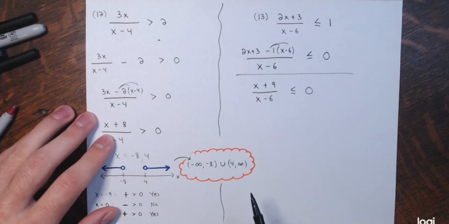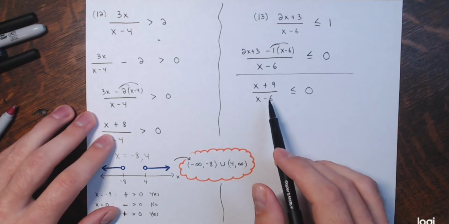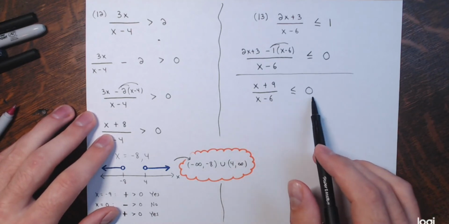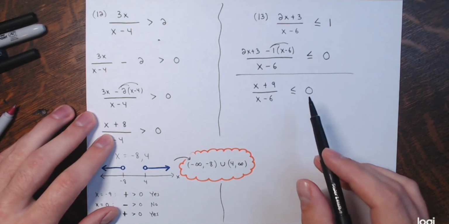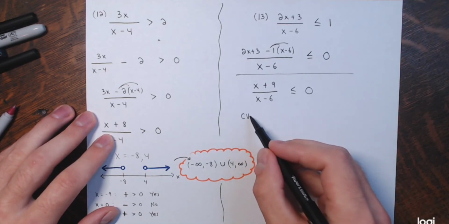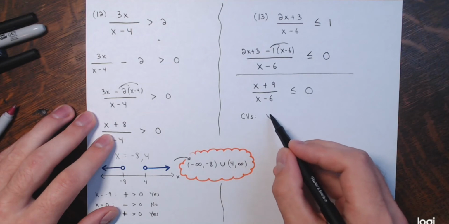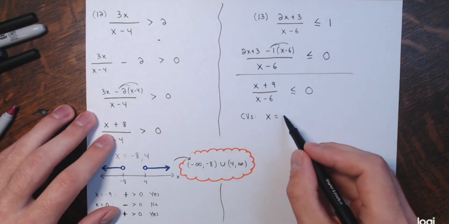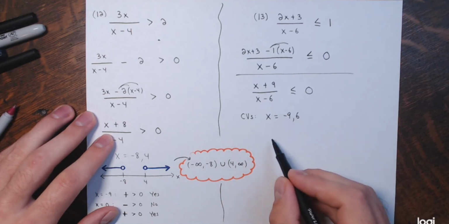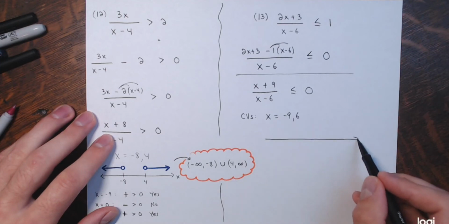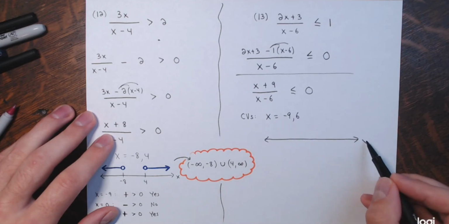Right. And it's the way I want. A single fraction on one side, 0 on the other. The critical values, x equals -9 and +6. Make the numerator and denominator 0. Mark these off on a number line.